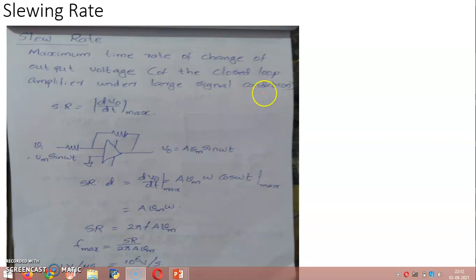We have been talking about the parameter referred to as slew rate and the different impacts that the slew rate of an op-amp can cause to different signals.